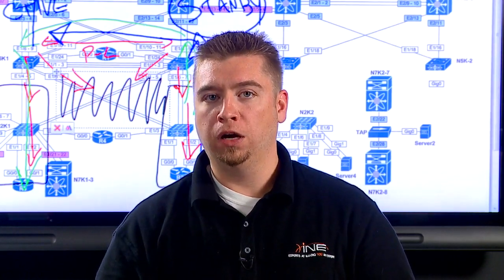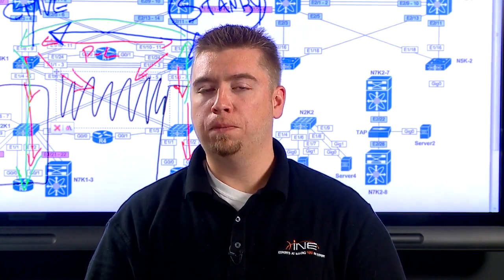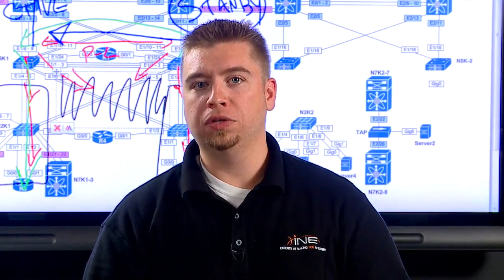I want to make sure that the BPDUs are synchronized between the member ports. If I wasn't doing back-to-back vPC, I wouldn't necessarily have to do that because I would have separate links for the VLAN 10 forwarding versus VLAN 20.